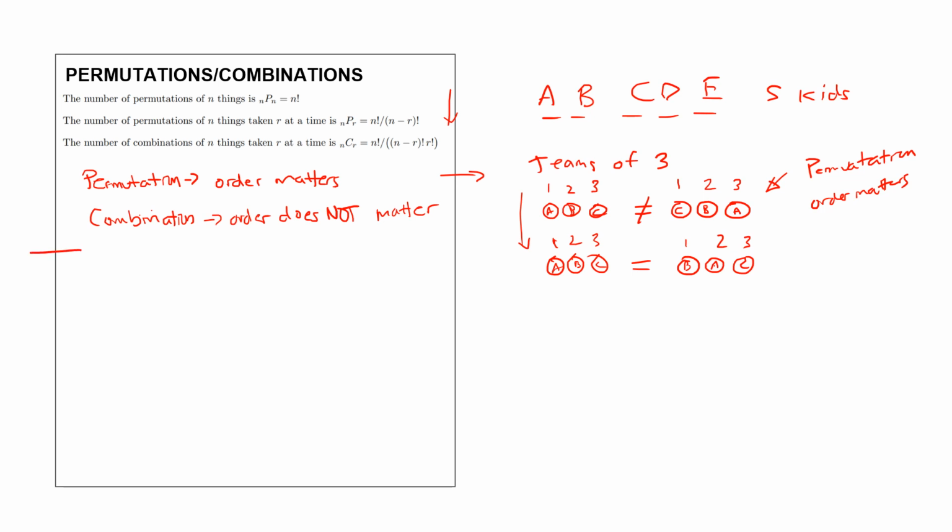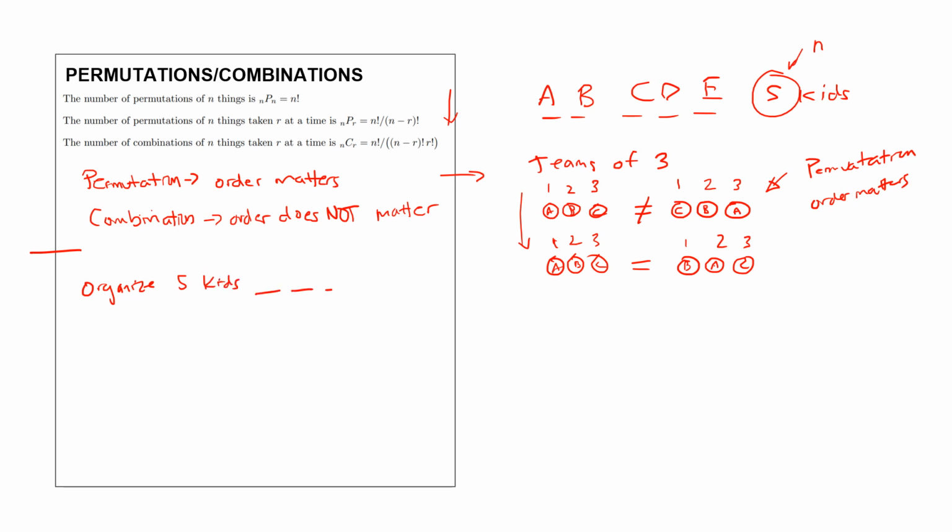So let's just look at these formulas real quick. The number of permutations of n things, so in our case we have 5, this is our n, how many things you want to organize, is n factorial. That basically means if I wanted to organize these 5 kids, how many ways are there to do it?